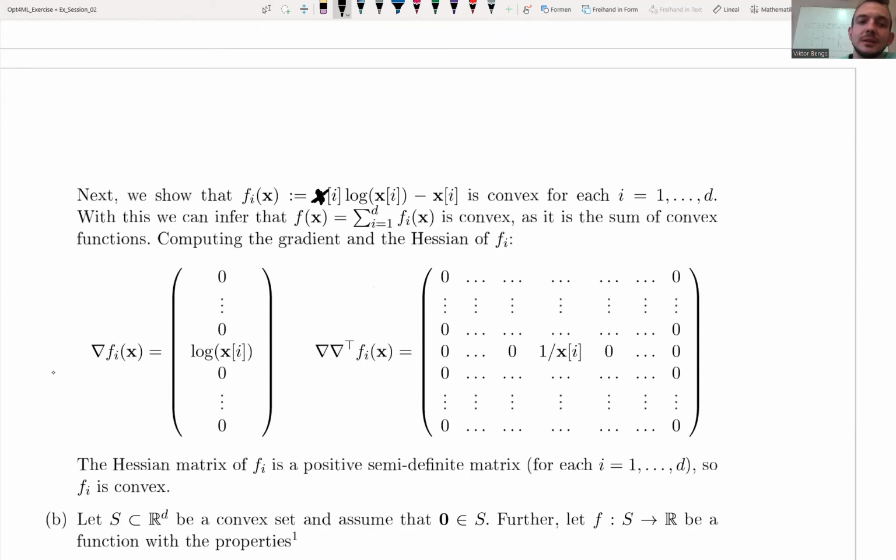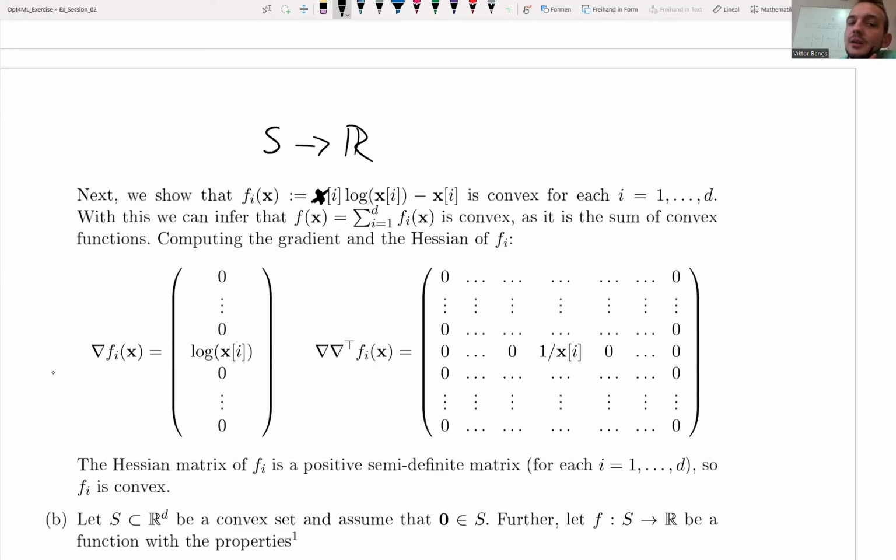They are mapping the S to something real valued. And they're looking simply at the ith summand. So if you look at the function fi, it's only looking at the ith component of the input vector x. And it's doing exactly what is in the sum. So we can write f of x in this convenient way.